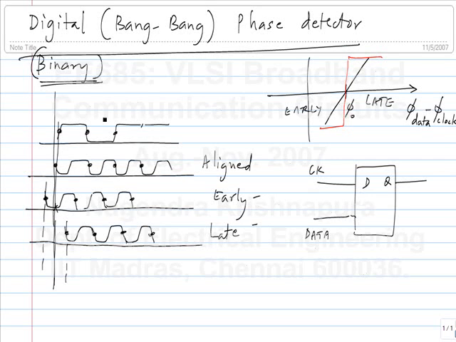I have not seen it before, but yeah, you can do that. Now, one disadvantage I see here is you use only half the transitions of data. Because let's say this is a rising edge, then you use only this and this, you can't use this one. You can also put a negative in the block. Yeah, so you can do that also.